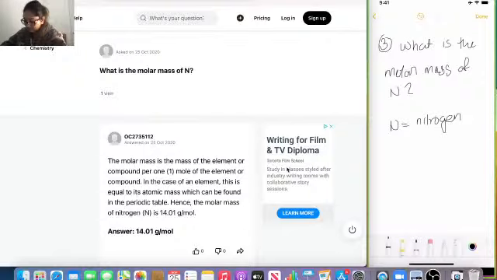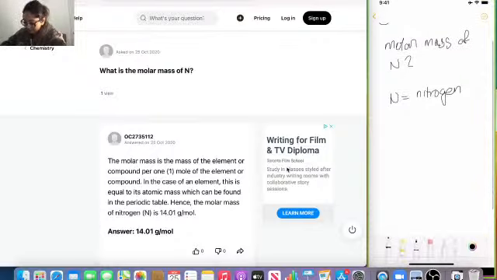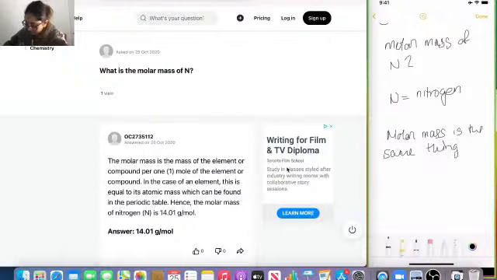And so to find the molar mass, it's basically the same thing as the atomic mass of an element.